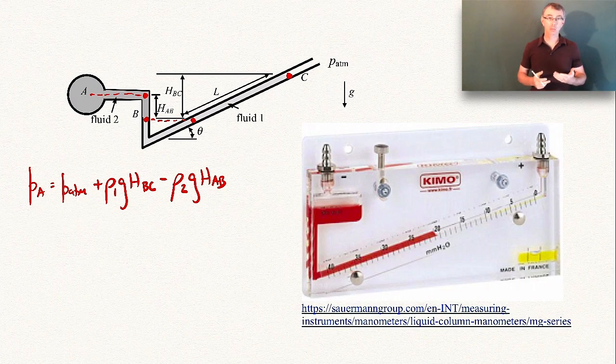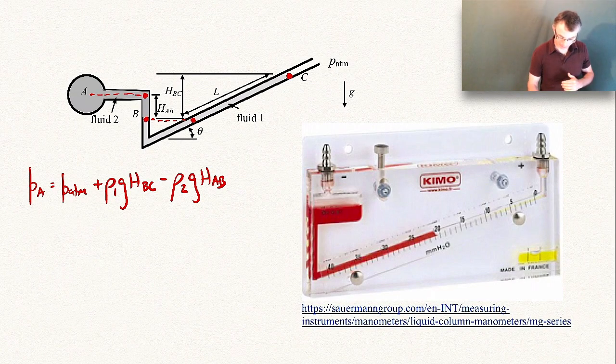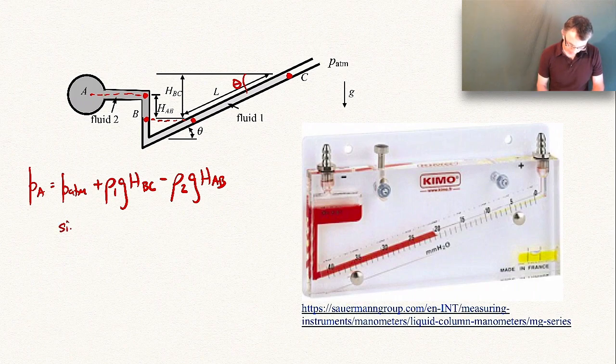Now normally we measure the distance along the incline, the distance L as shown in the picture here. So let's rewrite HBC in terms of L. If I just do a little trigonometry here, the sine of theta is HBC over L, so HBC is L sine theta.